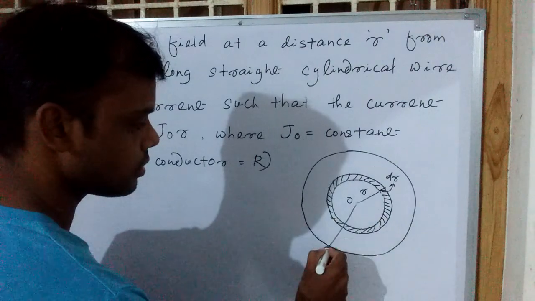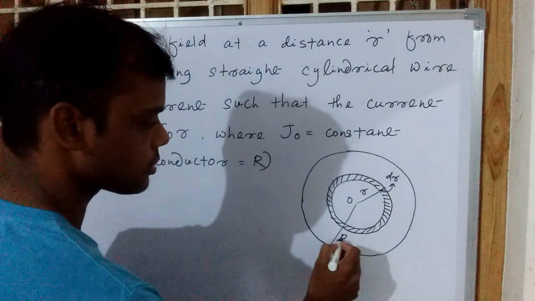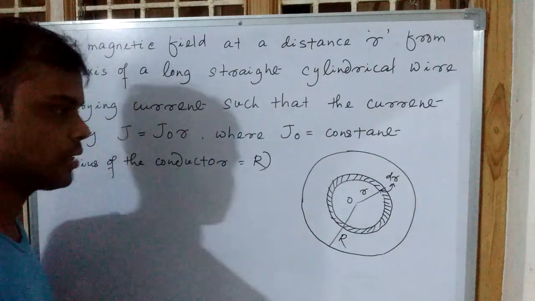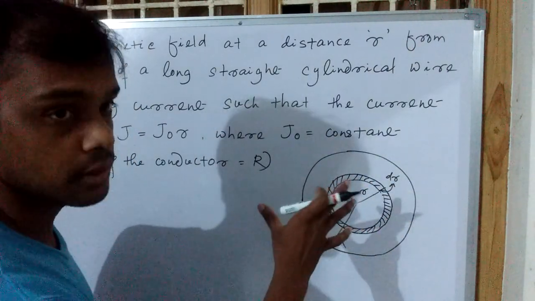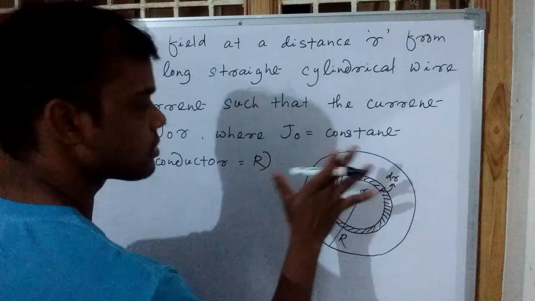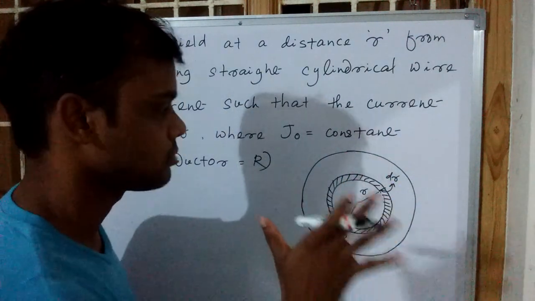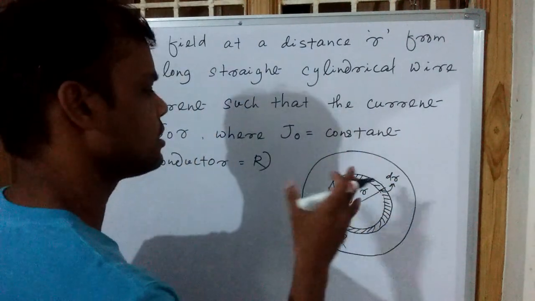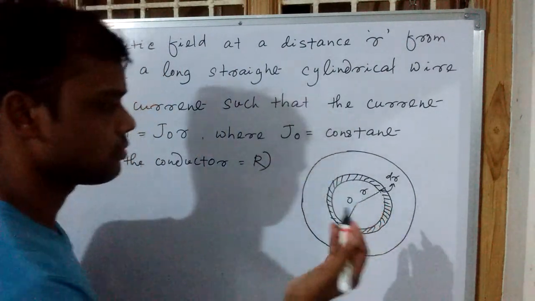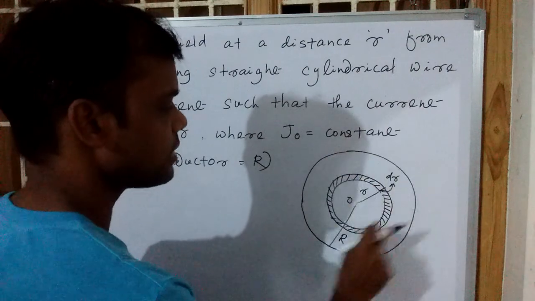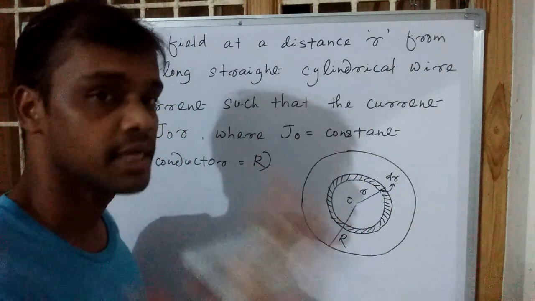One thing, the total radius of the cross section of the conductor is R. This is the cross section of the conductor. That means current is either going in this direction or coming out of this part, so it could be inward or outward. Now, current density is nothing but current per unit area.